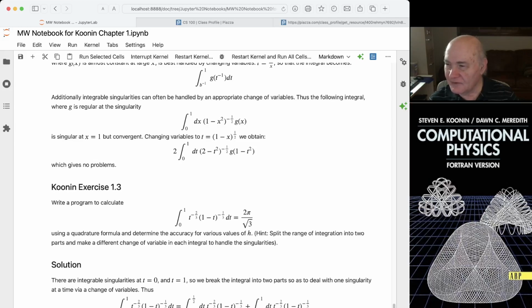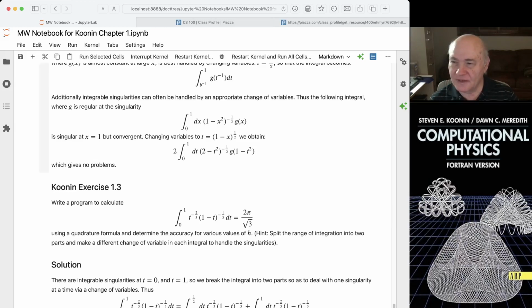At x equals 0, you're fine. At x equals 1, you have a problem, but you can factor out the two factors. One is no problem, and the other one is this factor. If you have 1 minus x to the minus 1/2, if you integrate that, it ends up being 1 minus x to the 1/2, which converges at x equals 1. It's just 0. So when you do this variable change, you get this expression, and this gives no problems.